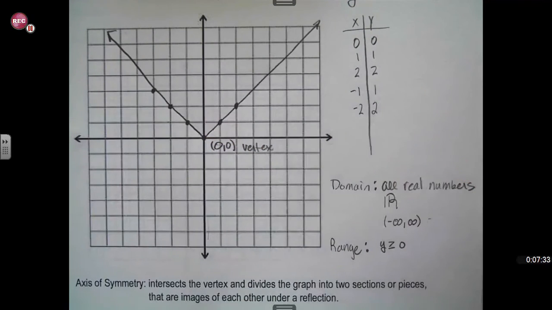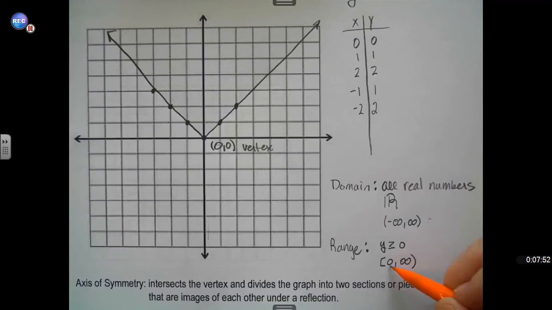If I plug in 250, the absolute value of 250 is positive 250, and it's going to be somewhere up there. Another way to write this using bracket notation is to put a bracket, 0 to infinity, parentheses.